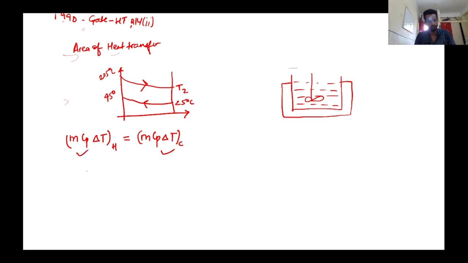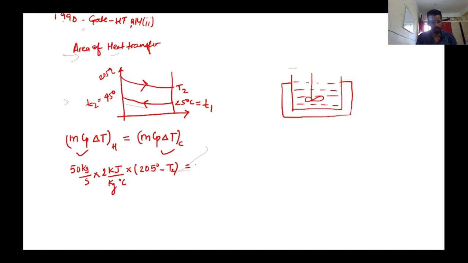So mass flow rate for the hot fluid is 50 kg per second, into Cp of 2 kilojoule per kg degree Celsius. Everything is in degree Celsius, so we don't need to change to Kelvin. And 205 minus T2 — I will write this temperature as T1 and this as small t2. Hot fluid is always denoted by capital T and cold fluid by small t.